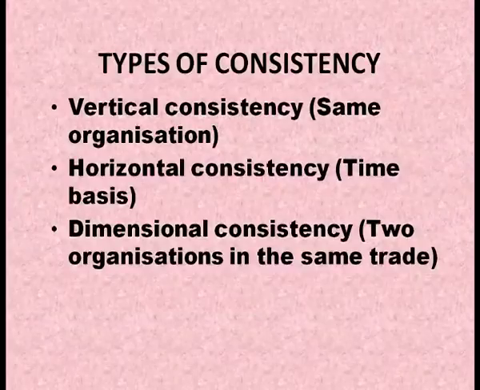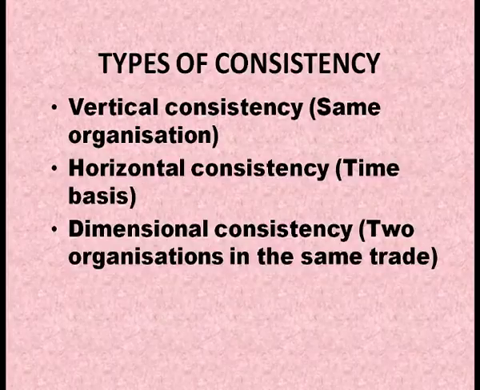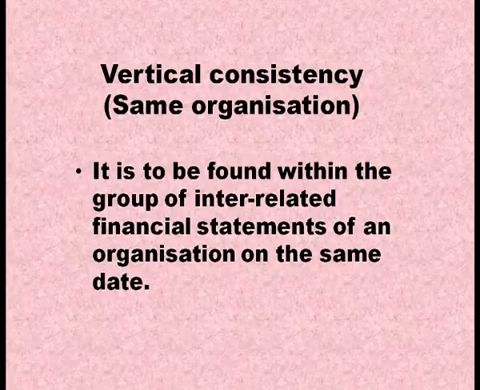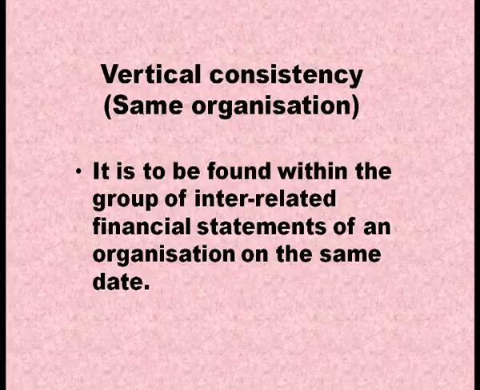We have different types of consistency: vertical consistency, horizontal consistency and dimensional consistency. Vertical consistency is found within the group of interrelated financial statements of an organization on the same date.